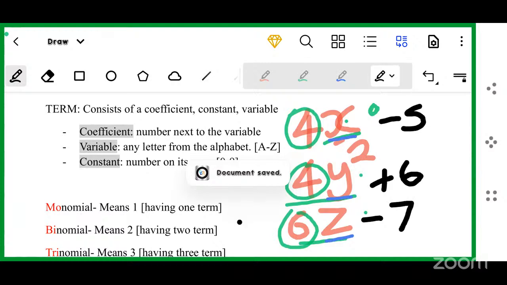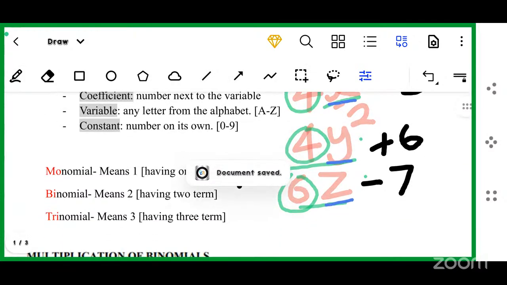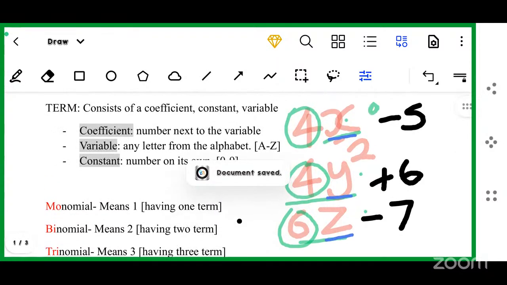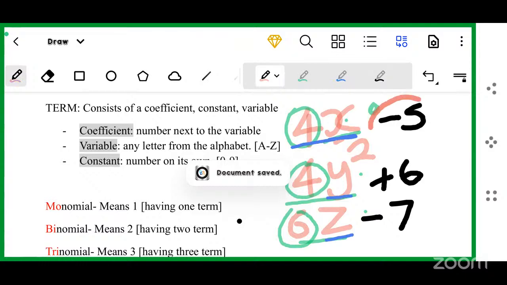A constant is the number on its own. We already know the coefficient is 4 and the variable is x, so the constant is negative 5, the number standing on its own.